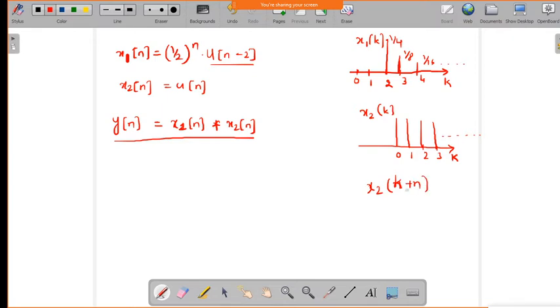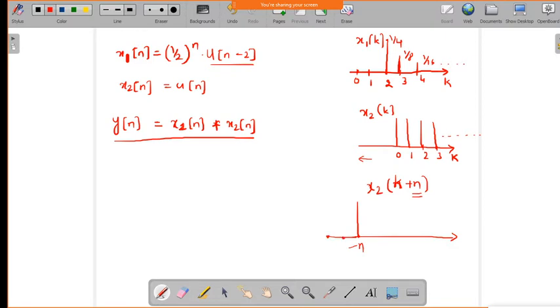I will shift the x2 of k by the value n in the backward direction, that is on the negative side. If I shift that, you will get up to some n value on the negative side, and beyond that n value there will be 0 samples.